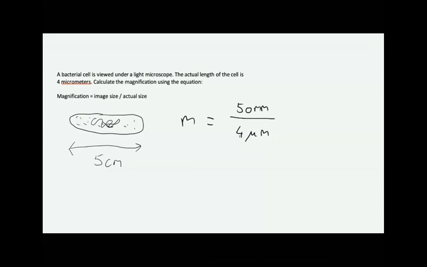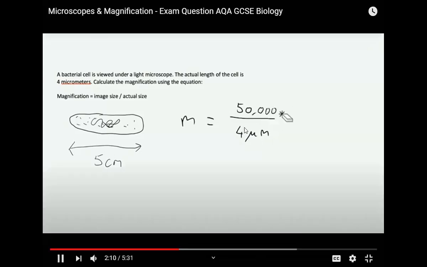Now, you should be aware that 1 micrometer is 1,000 times smaller than a millimeter, right? So, for every 1 millimeter, there are 1,000 micrometers. So the millimeters, if I times by 1,000, makes micrometers. So that makes 50 times 1,000, 50,000 micrometers.